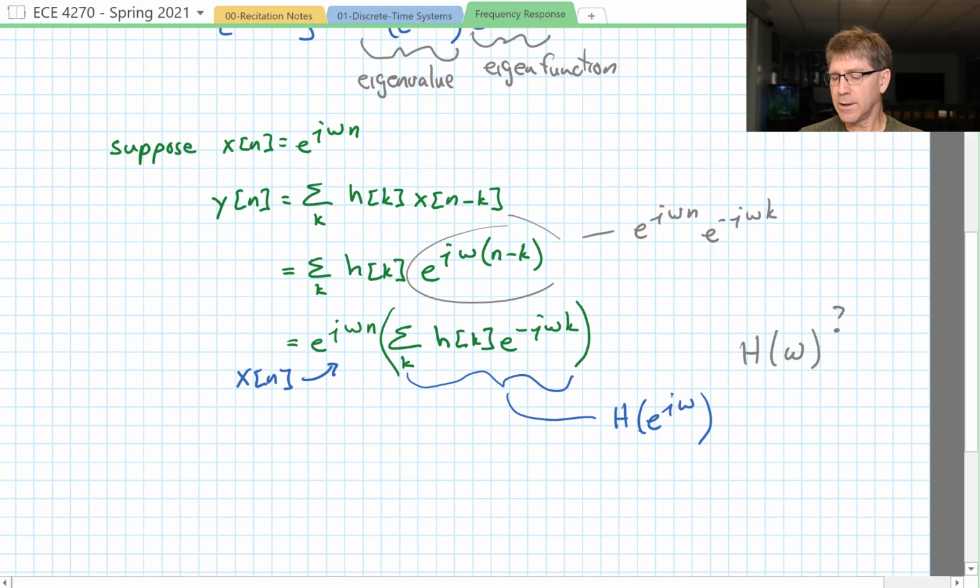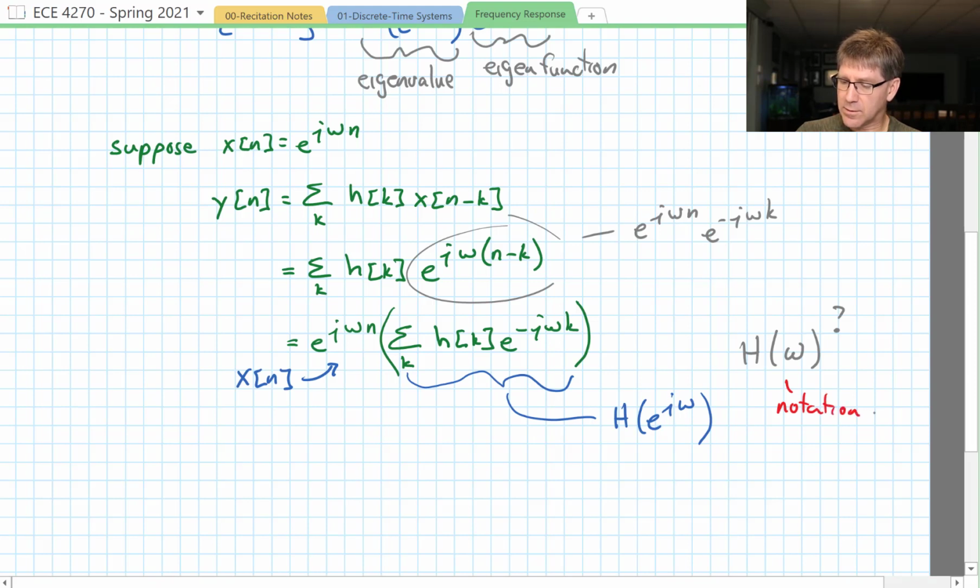Here we use H(e^(jω)) as a visual reminder that we are dealing with discrete time systems, and in this case what we call the frequency response of a discrete time system. When we get to continuous time systems, we'll get something analogous to that. So that's where we have this notation.